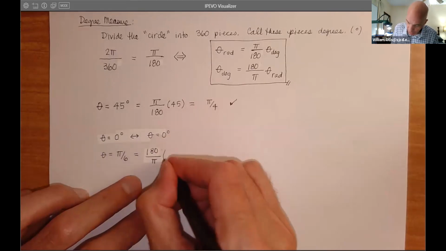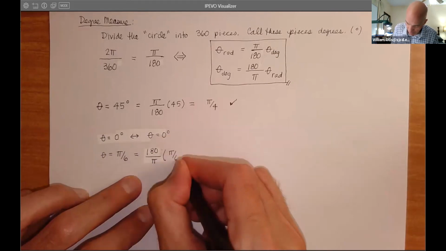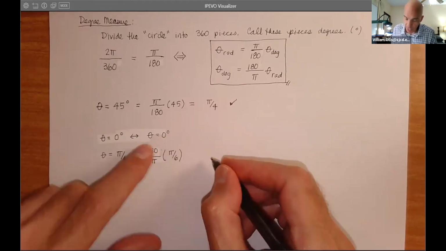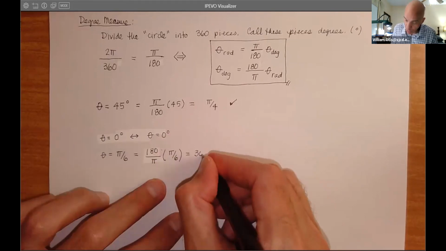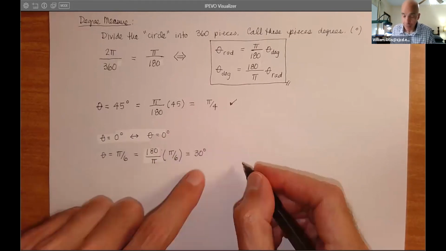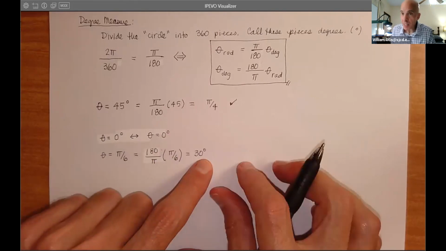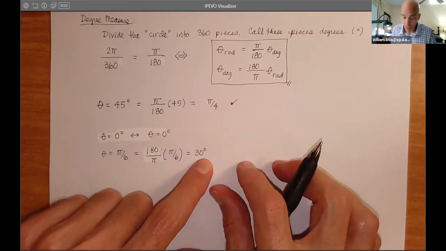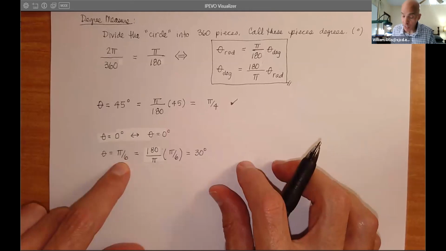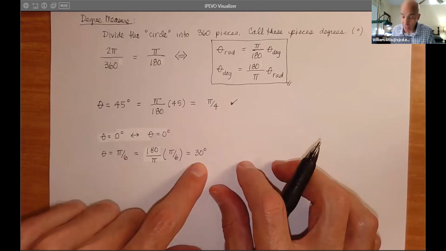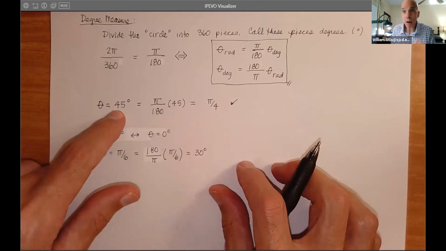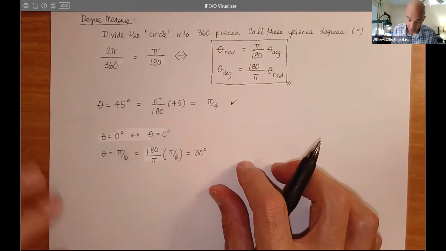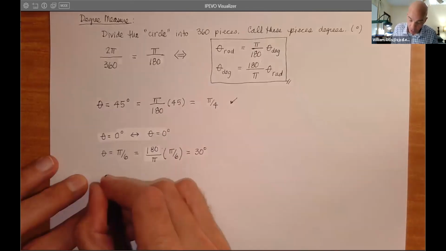And then pi over 6. The pi's absorbed, and 6 into 180 is 30. So we get 30 degrees. We'll write the degree symbol to make sure that you don't read this as 30 radians. Pi over 6 radians is equivalent to 30 degrees. Pi over 4 radians is equivalent to 45 degrees. Now your general math is coming back.